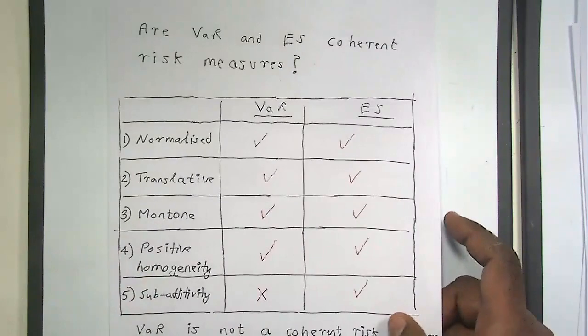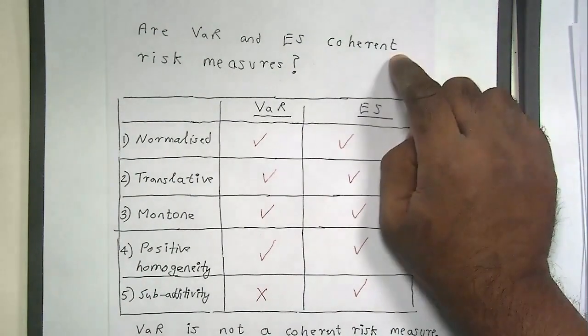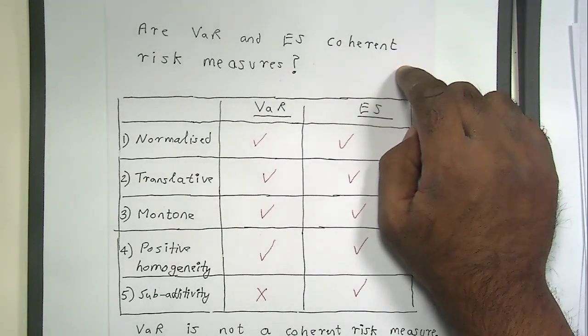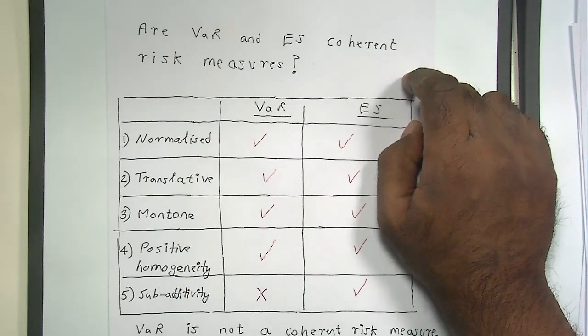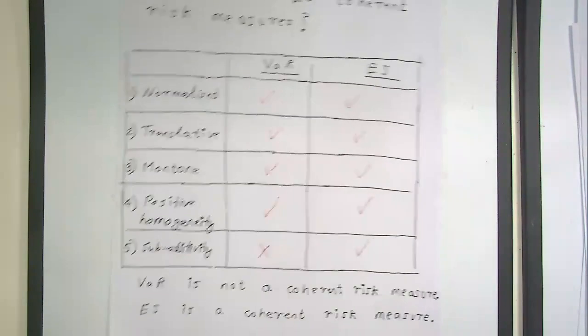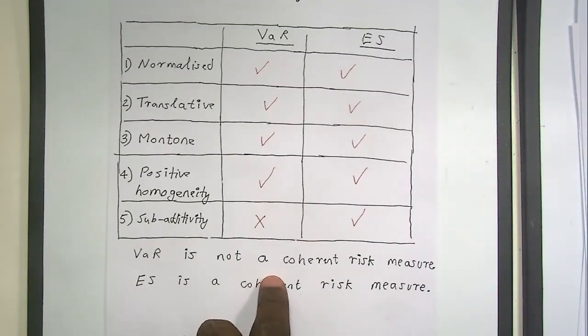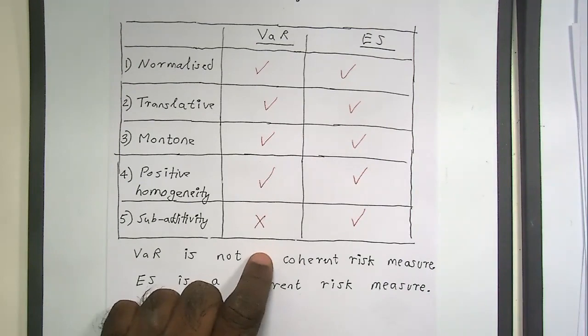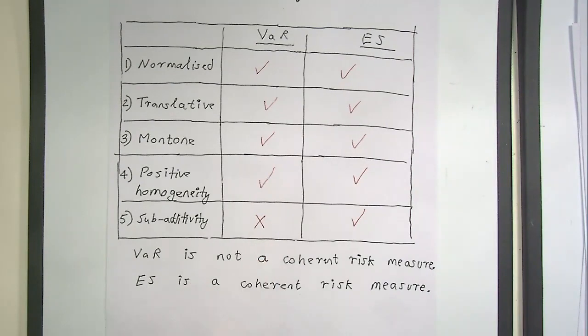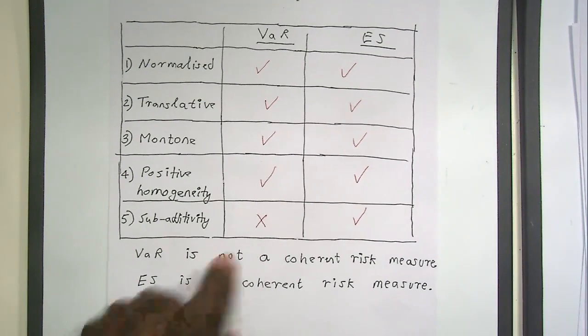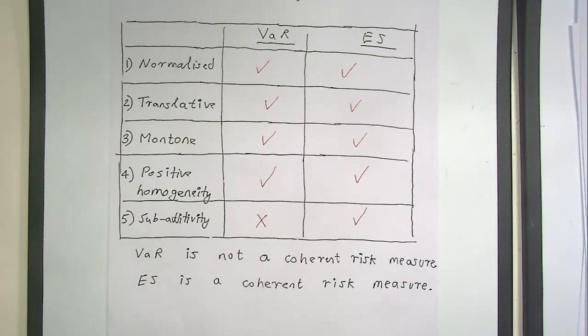And then I asked the question: are VaR and ES coherent risk measures? The answer was that VaR is not a coherent risk measure because it doesn't satisfy subadditivity, but ES is a coherent risk measure, right?